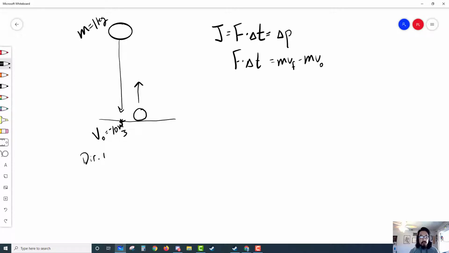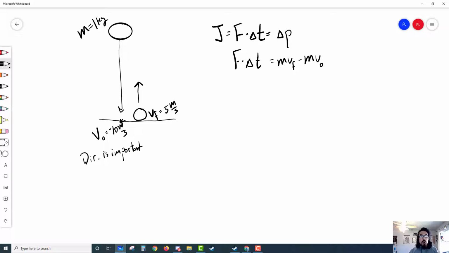Okay, direction is important. Now sometimes a problem might just say that it's moving downwards, and it's up to you to make that connection that anything that's moving downwards we can say is negative. Alright, so it hits the floor and it bounces back up, and let's say when it leaves the floor it has a velocity of, as soon as it leaves the floor, we'll do exactly half, 5 meters per second.